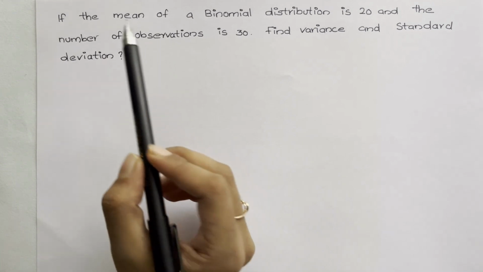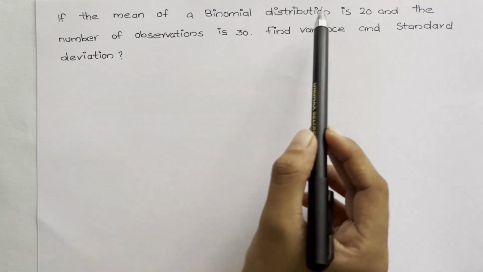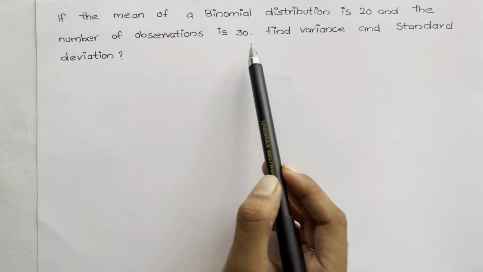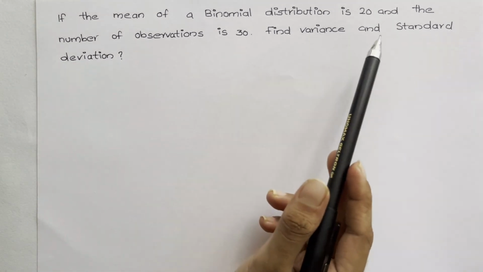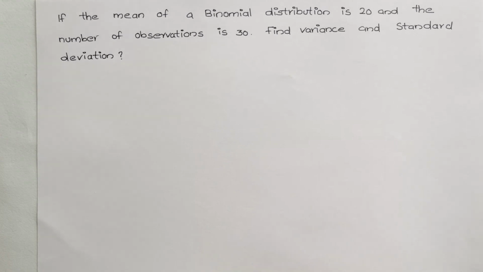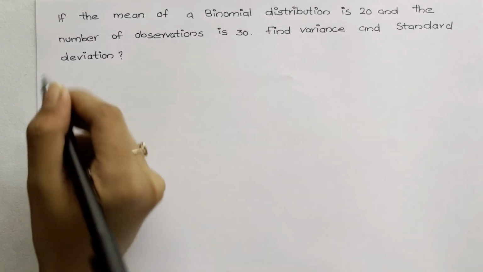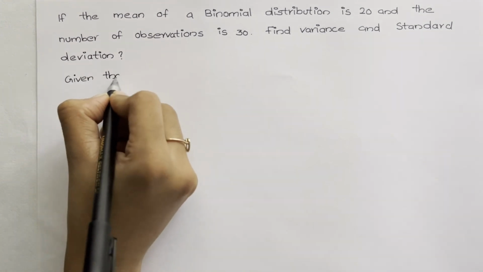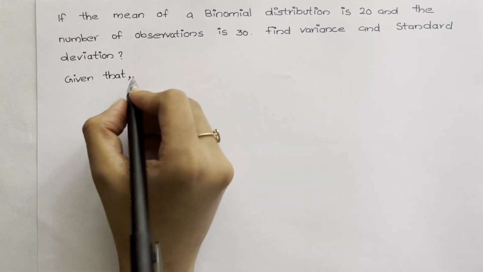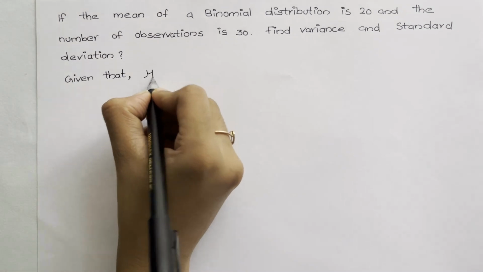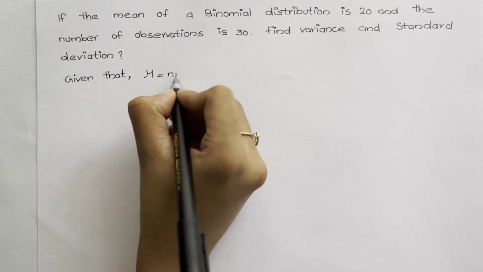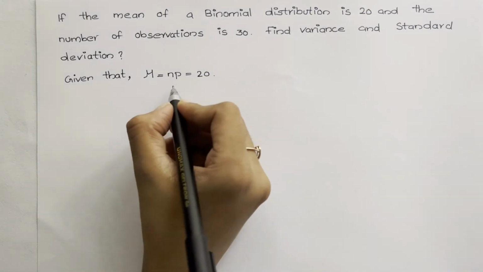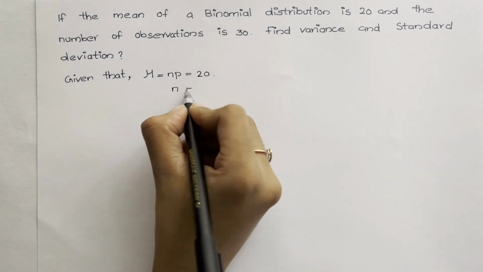Here, the question is: if the mean of a binomial distribution is 20 and the number of observations is 30, then find variance and standard deviation of a binomial distribution. Given that the mean of a binomial distribution, that is mu equal to np equal to 20, and number of observations is 30.